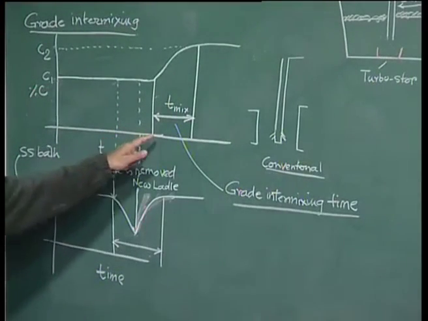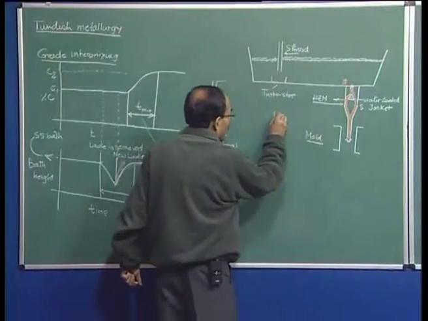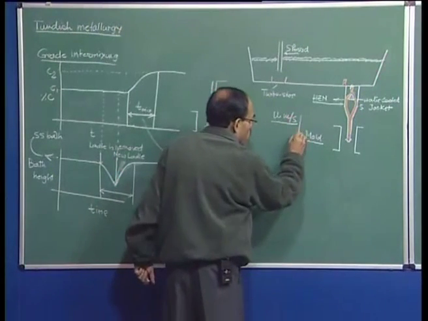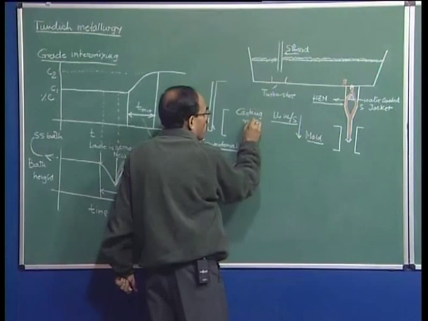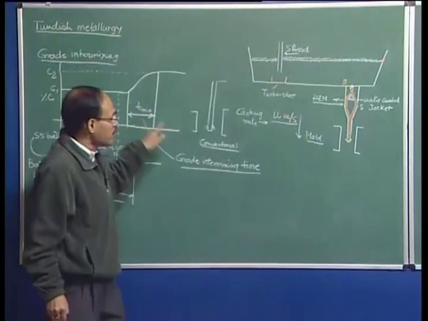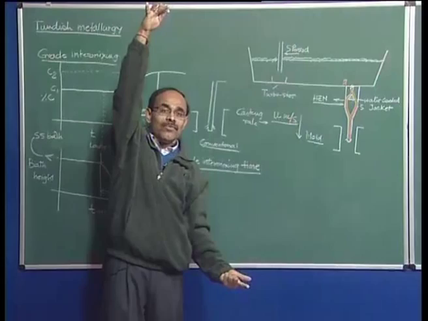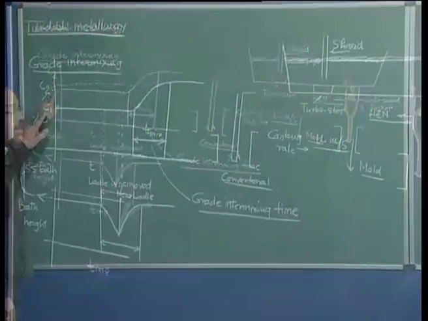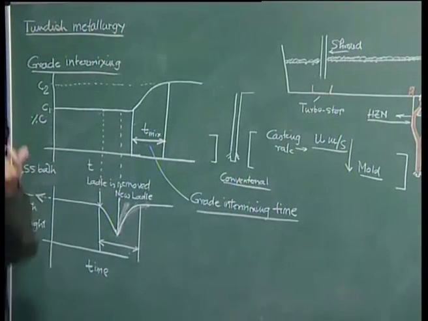At this grade intermixing time, if I know the casting speed, u meters per second is my casting rate, then I can multiply the grade intermixing time with the casting speed and get the length of the slab which is going to have composition neither corresponding to C1 nor to C2.